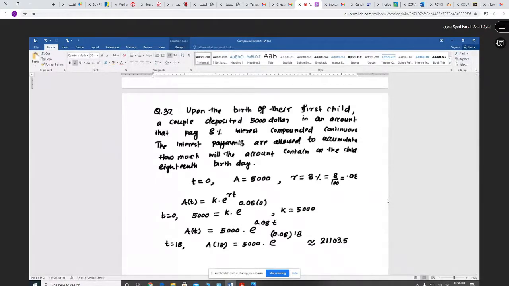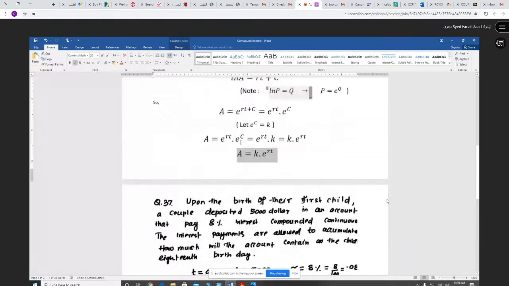When the kid is born, the time is 0. When the kid is 10 years old, time is 10. When the kid is 18 years, what will be the time? T will be 18.